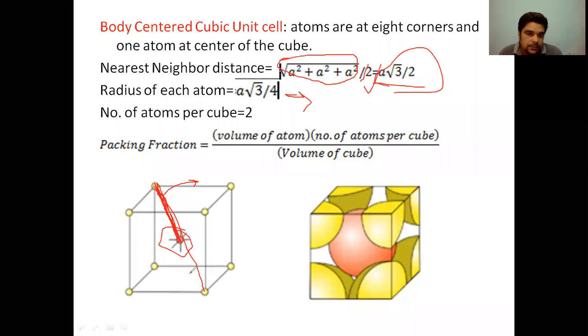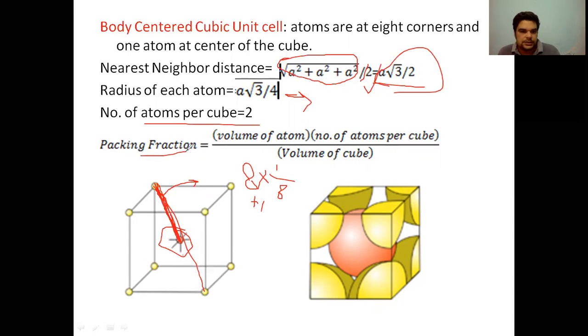Now how many atoms are there per cube? As you can see, there are 8 atoms at the corners and each atom's share is 1 upon 8. Additionally, one atom is also there at the center, which is completely within this unit cell. So the number of atoms per cube is 2. In that case, what will be the packing fraction?